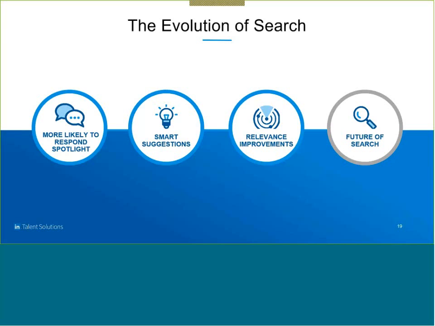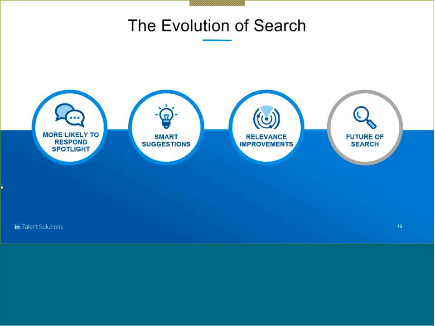We have guided search, where we recommend skills and titles to help you with your search, because you're not expected to know the myriad ways that somebody is going to express their job title or their industry or their skills. We've got overall improvements in our ranking algorithms to make sure that the most relevant people are being surfaced at the top of your list, so you're not having to look for somebody buried on page 12 of your search results.